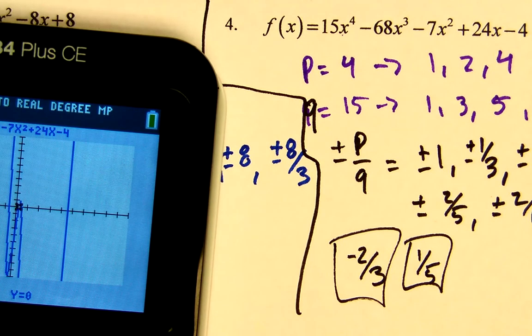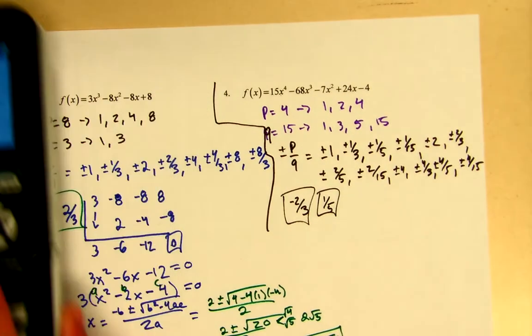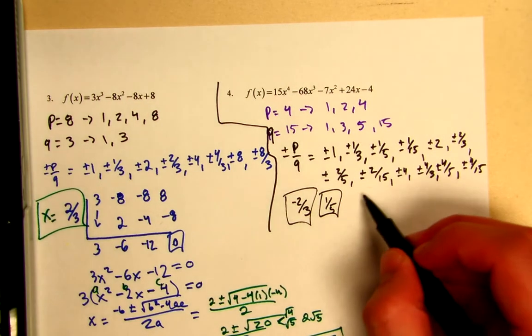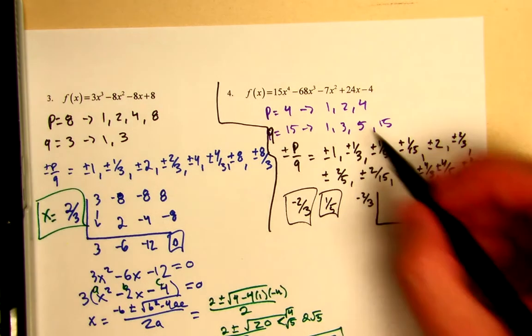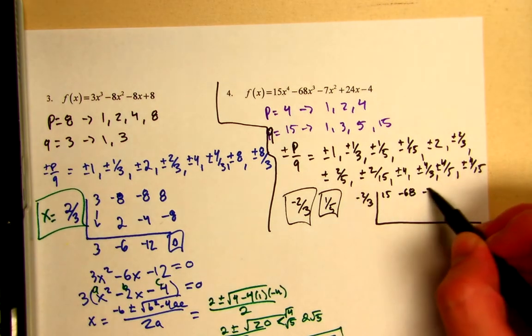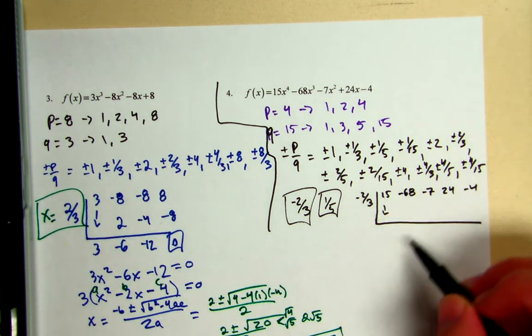So now what you should do is synthetically divide twice. What does that exactly mean? You're going to start by saying, let's do negative 2/3. I'm going to take 15, negative 68, negative 7, 24, negative 4. Bring down the 15.